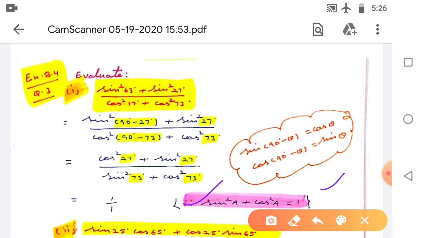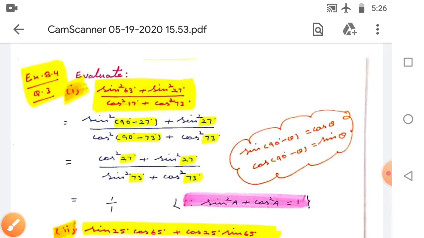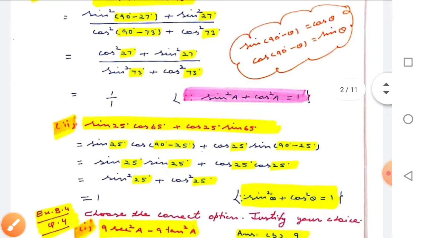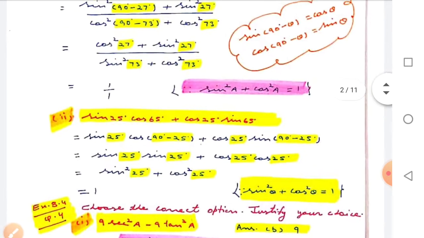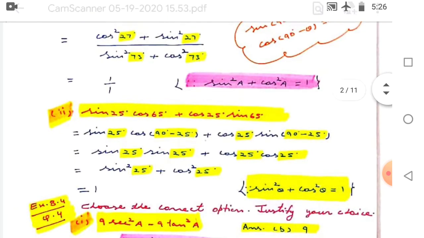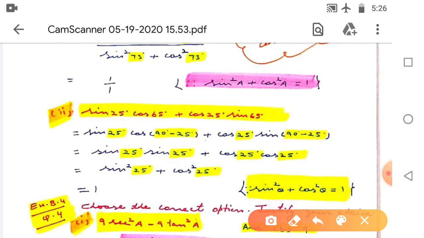This is the identity which we have used to solve the numerator and the denominator. You have to keep each and every identity in your mind. To solve trigonometric questions of different types, the identities should be at your fingertips.